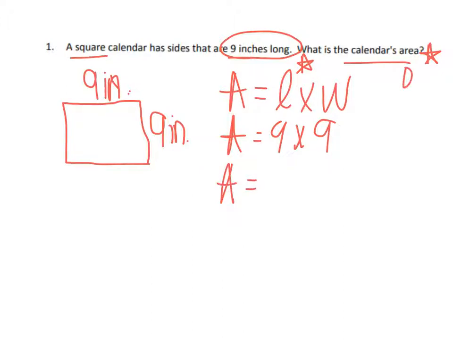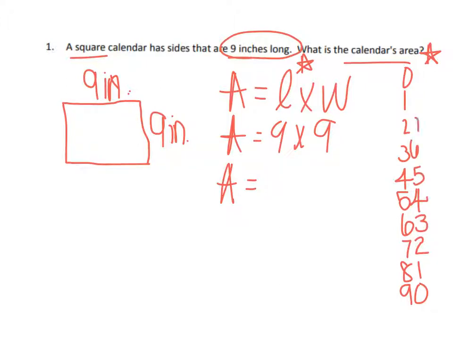So I'm going to write my 9s to figure out how many times I need to count by 9 in order to get the answer. So to count 9 times, 1, 2, 3, 4, 5, 6, 7, 8, 9.